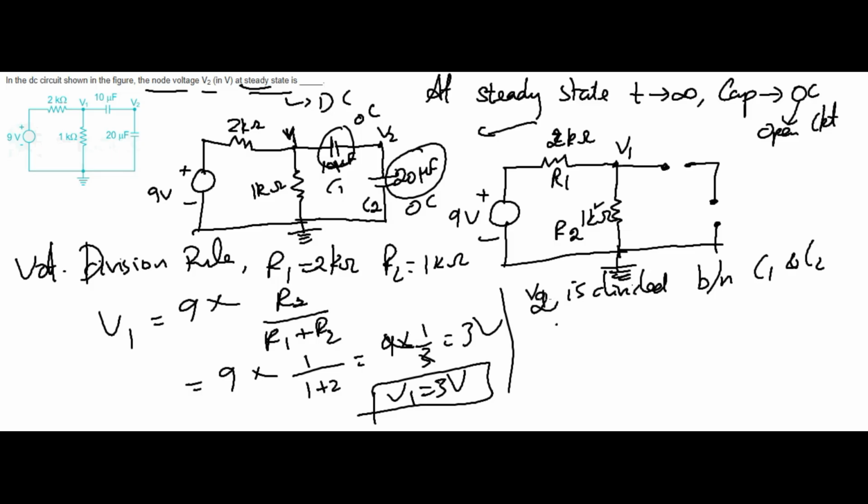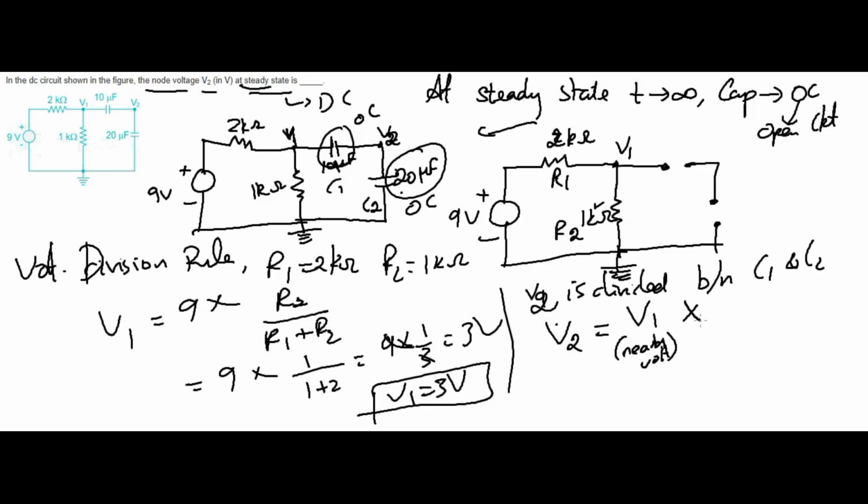Sorry, this is not V1, it is V2. V2 is in between C1 and C2. So what is the nearby voltage of V2? That is V1. I'm writing nearby voltage.